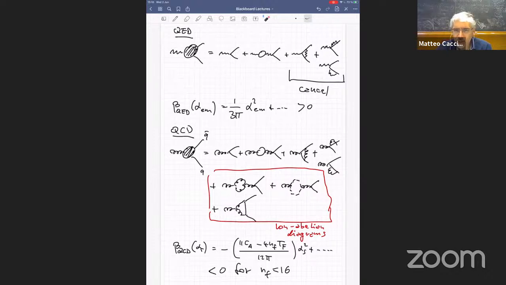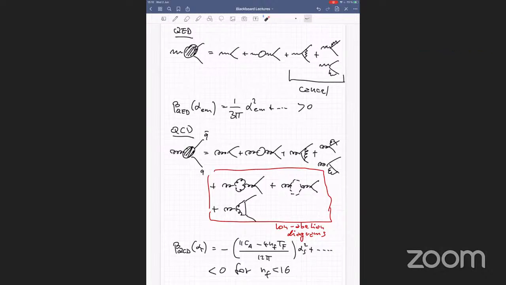Here you only have the virtual diagrams because you're looking at the ultraviolet. You're looking at this particular final state, and so you're only looking at the corrections for this final state. So there are no real corrections involved in the renormalization of the coupling. Oh, okay. Thank you.